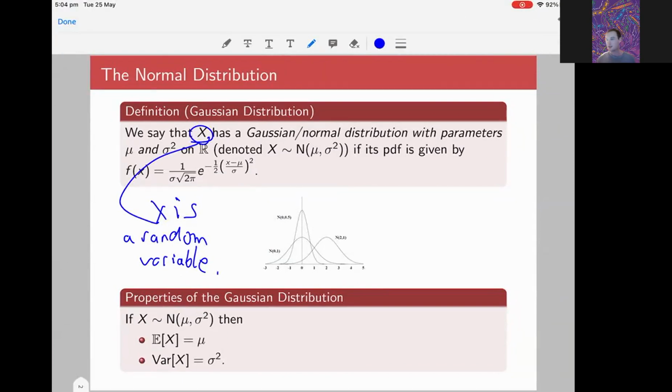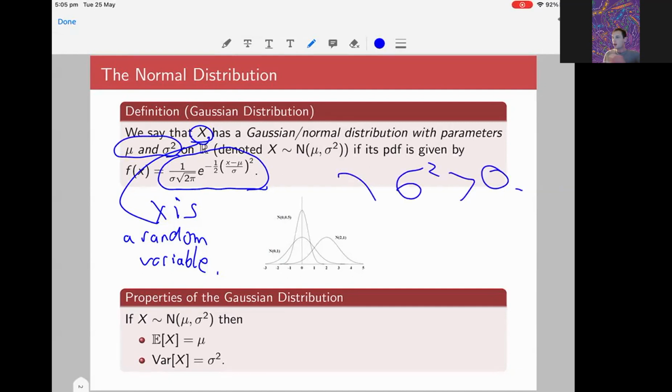By definition, we say that the random variable x is normally distributed, or has a Gaussian distribution, if it has a probability density function that looks like this, for some real parameters mu and sigma squared. Strictly speaking, we need sigma squared to be positive. So this is the probability density function.